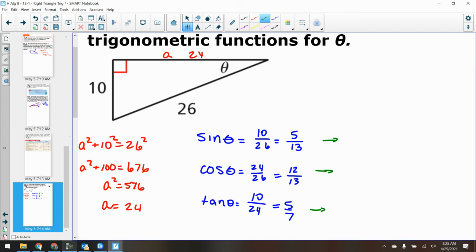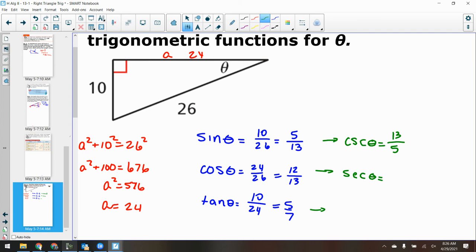Now, what goes with sine? What's the reciprocal of sine? Cosecant, abbreviated CSC. Cosecant theta is going to be the reciprocal. I don't need to go back through and look. It's just 13/5. Right? It's just the reciprocal of sine. If I wanted the secant value, that's just the reciprocal of cosine. 13/12.